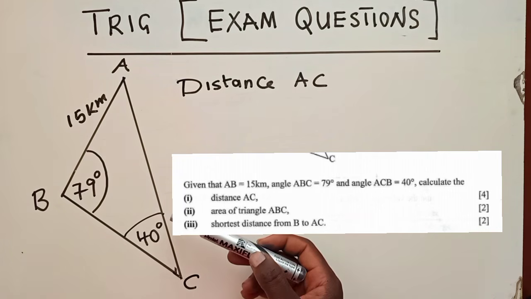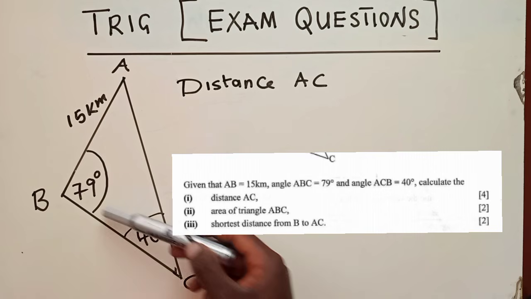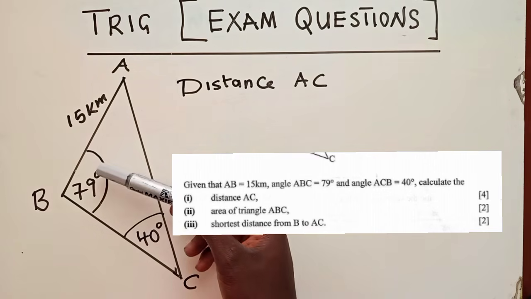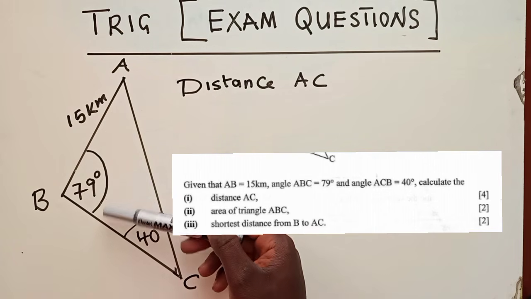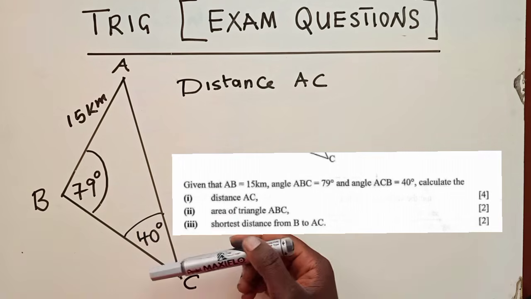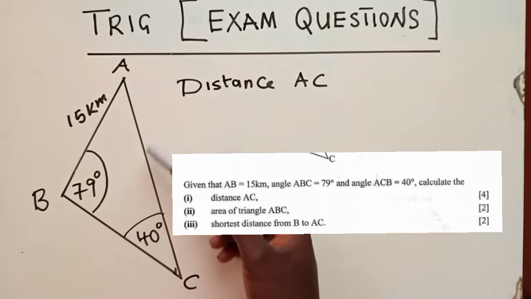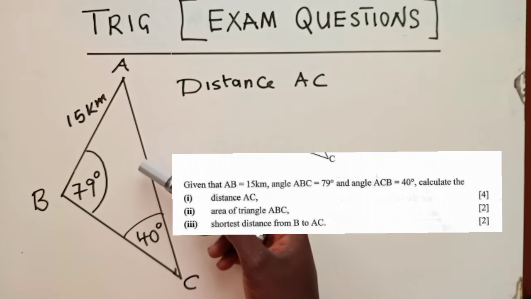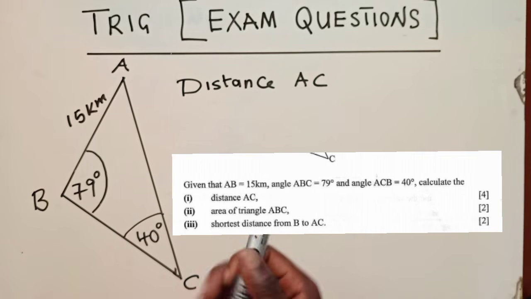Remember, sine rule, we use it when we have two angles and a side, or when we have two sides and an angle that is not included. Okay, so can cosine work here? No, it's not working. So we use the sine rule.